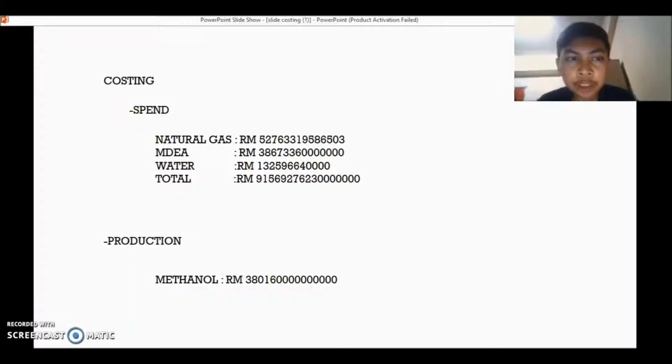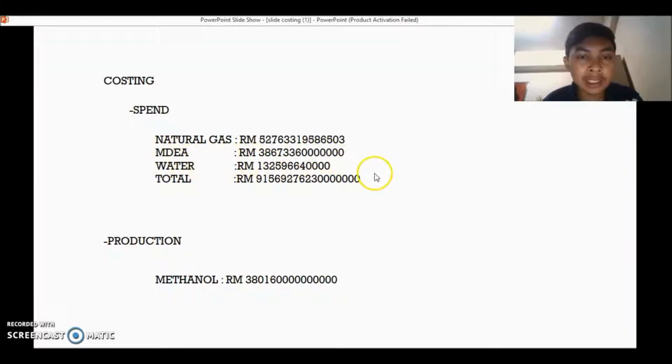Okay, I will continue with the costing part. From our block flow diagram, the inlet, or the material that we need to produce the methanol that we want to sell, is natural gas, MDEA, and water.